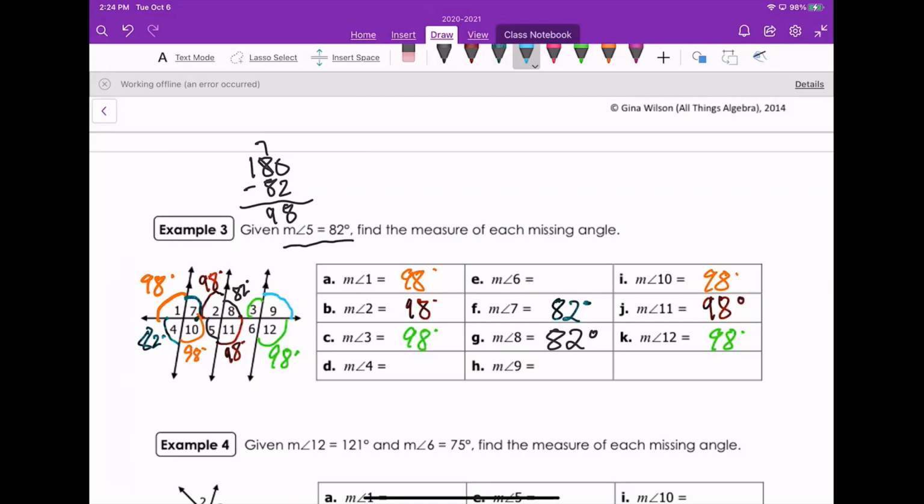If you haven't figured out the pattern, it's just adding and subtracting from 180. So angle 9 is 82 degrees. Angle 9 and angle 6 are the same, so this is also 82 degrees. And then the last one, angle 4, I didn't write it down. It is 82 degrees.